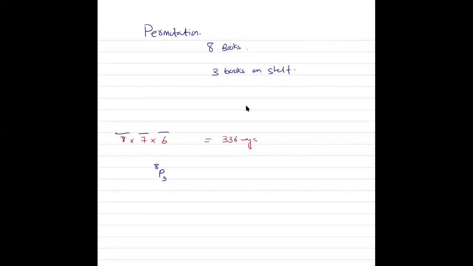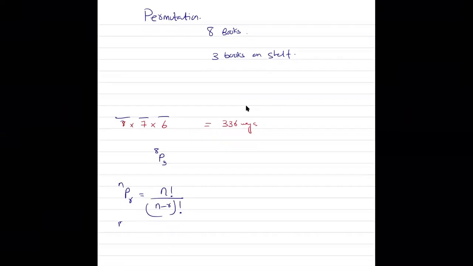Now nPr in permutation has a formula: nPr is equal to n factorial over n minus r factorial. So if I have 8P3, the value of n is 8, 8 factorial divided by 8 minus 3 factorial. So 8 minus 3 is 5, 5 factorial.